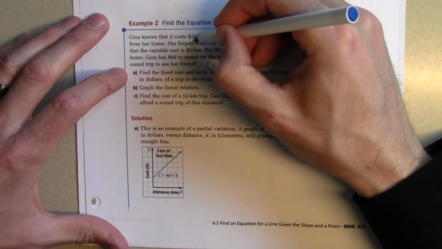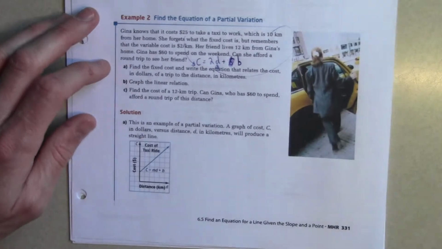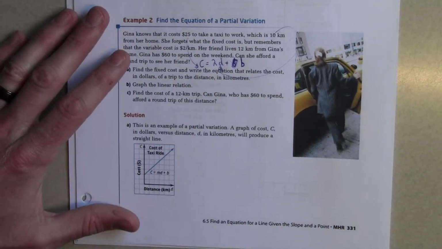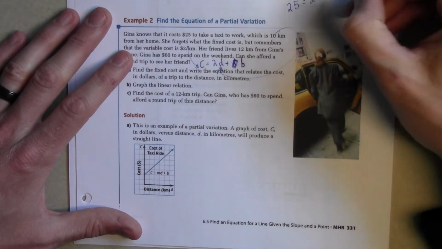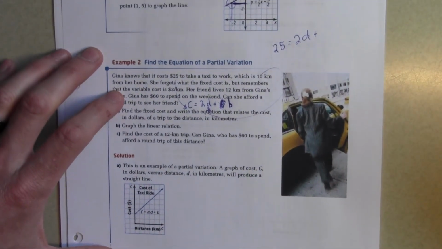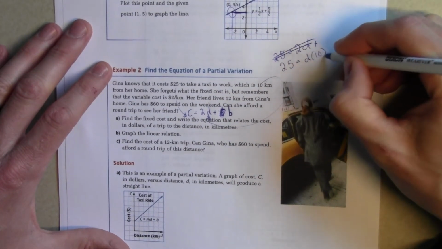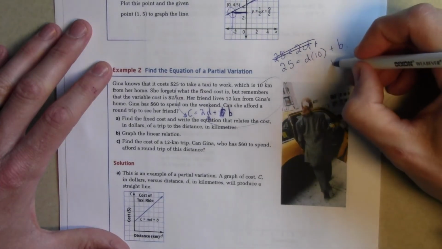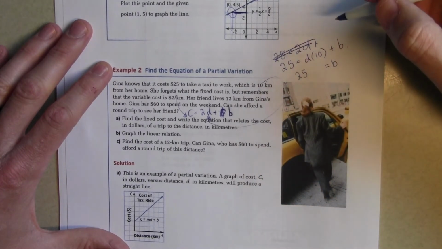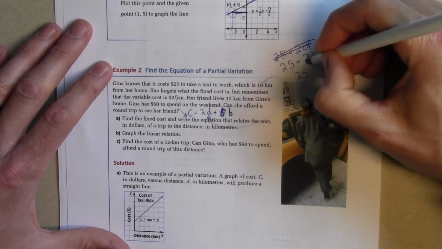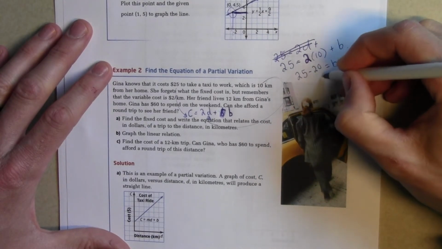So we take that 25, we sub it in for C, and we take 10 and sub it in for D. That'll allow us to solve for B. So 25 is equal to 2, the distance is 10, plus B. So B is going to be equal to 25 minus 2 times 10, which is 25 minus 20. B is equal to 5.